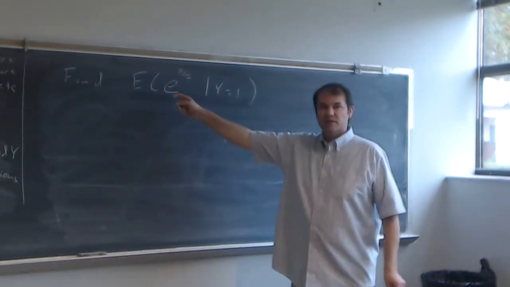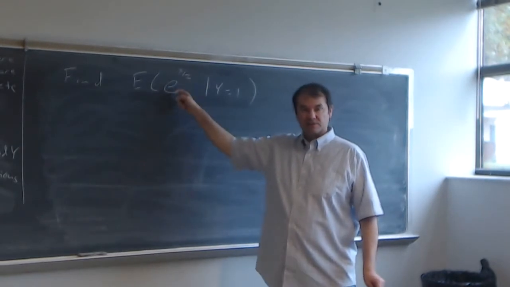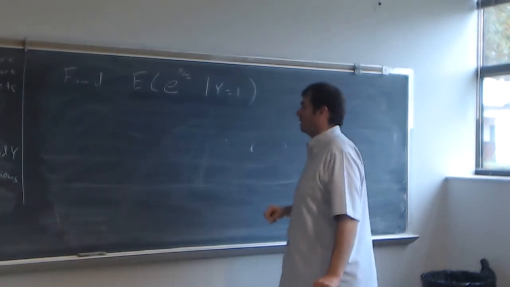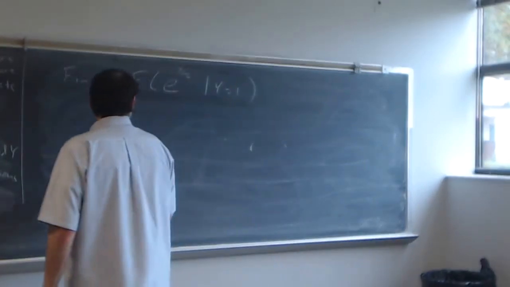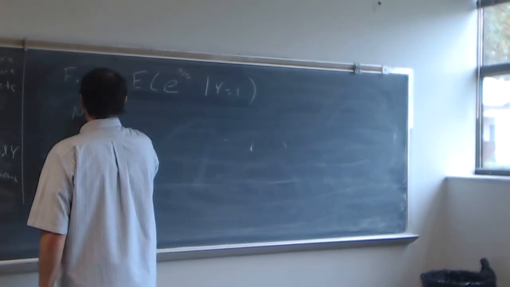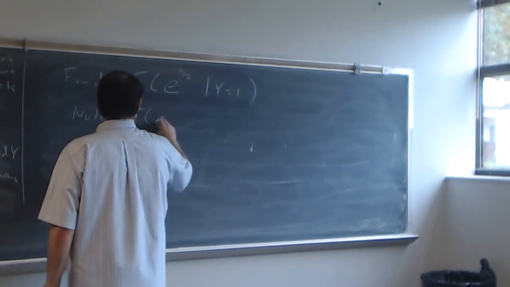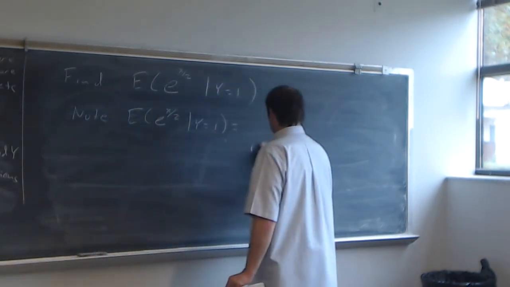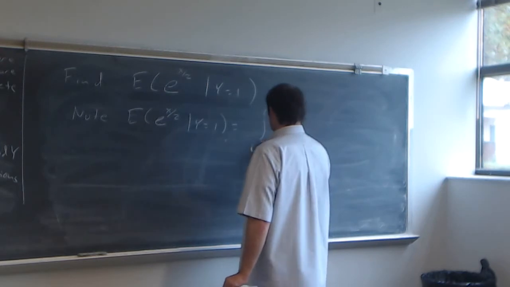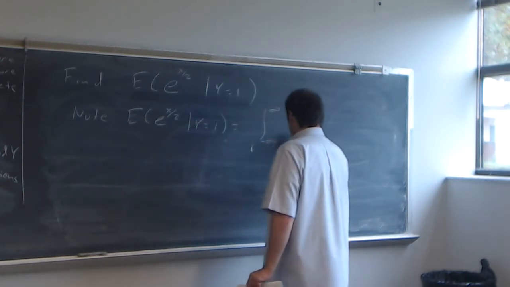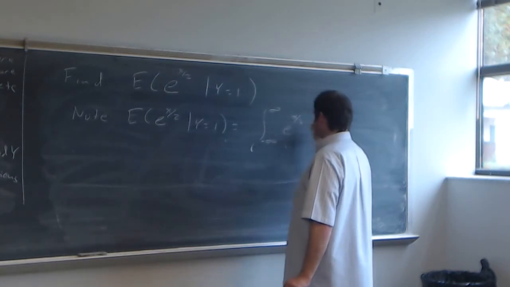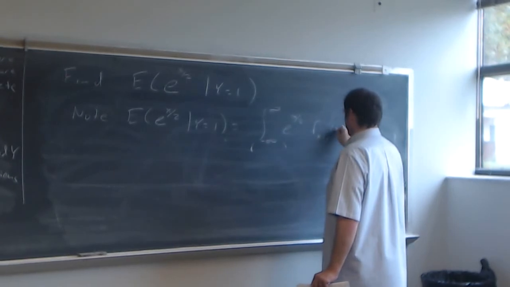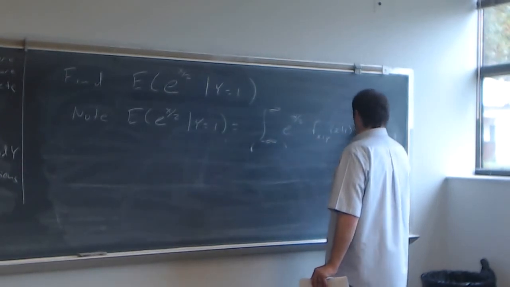Okay, so this is the conditional expected value of a function of x, this is like my g of x, given y equal to a particular y value this time. And so here, note the conditional expectation of e to the x over 2 given y equal to 1 is equal to the integral from minus infinity to infinity of e to the x over 2 times the conditional probability density function of x given y equals 1, dx.